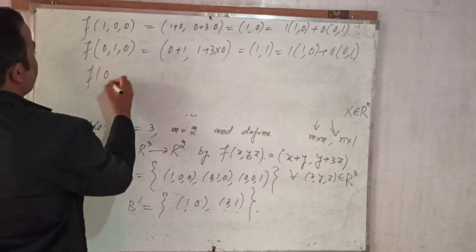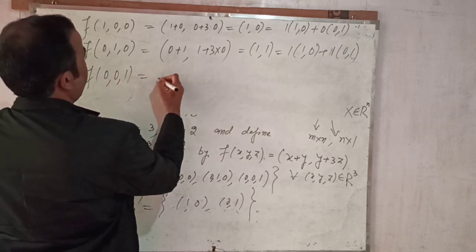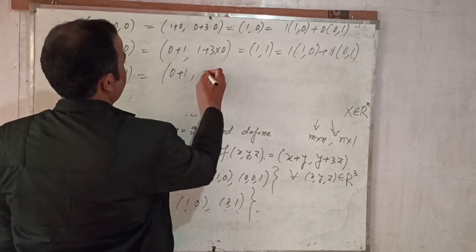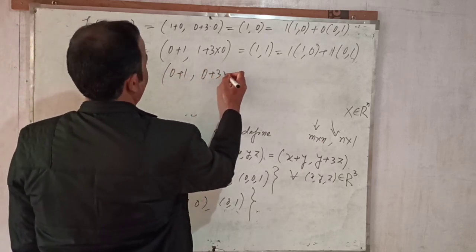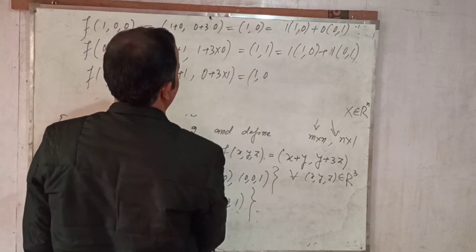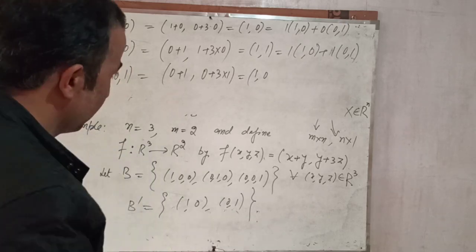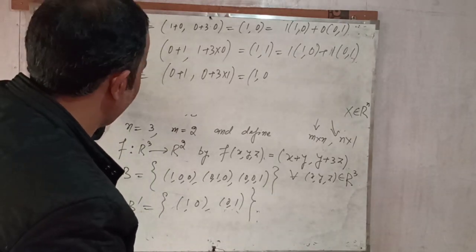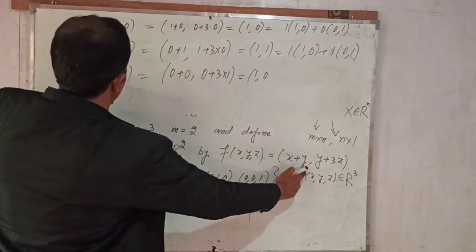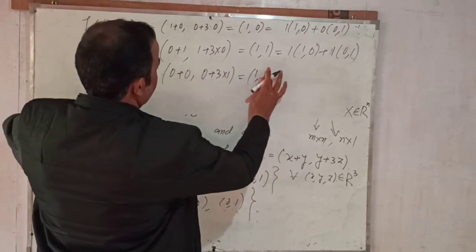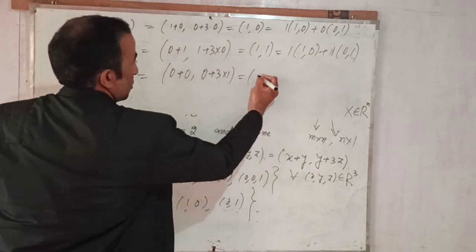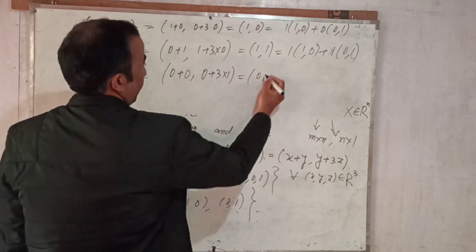Then f of (0, 0, 1) will be, by definition, 0 plus 0 for x plus y, then 0 plus 3 into 1, so here it will be 0, then 3.